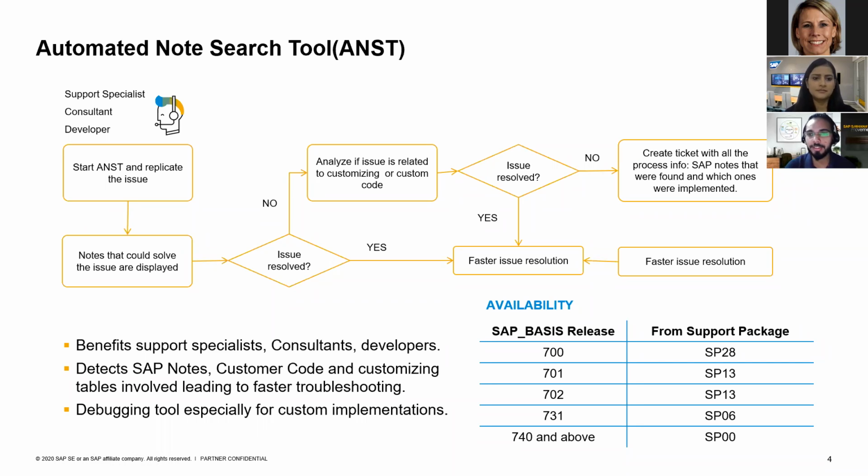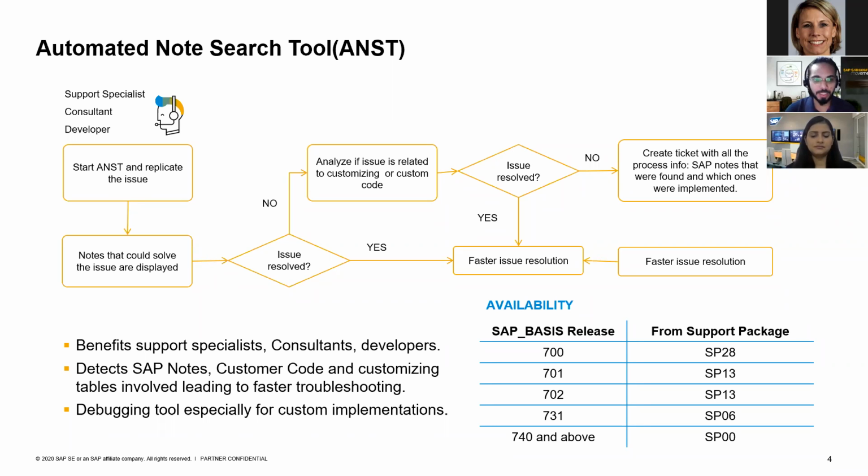So, for example, I'm trying to create a sales order, and during the creation of the sales order, I have encountered a bug. It can be a dump or an error message that is identified during this processing. And now I do not know how to resolve this. So one of the processes is that I create an OSS incident on SAP to identify whether there is already a solution available or not, or if a solution is not available, then we try to see if a new SAP note can be provided with the new bug fixes.